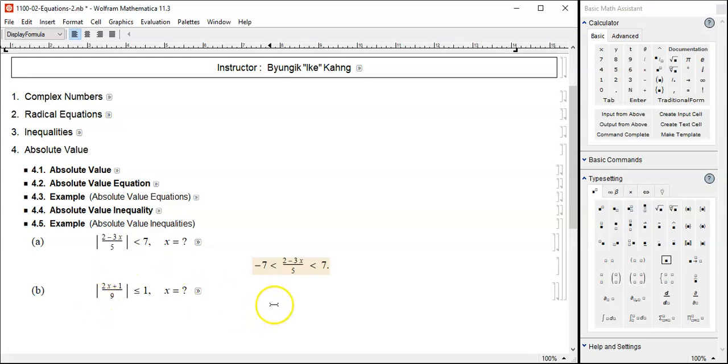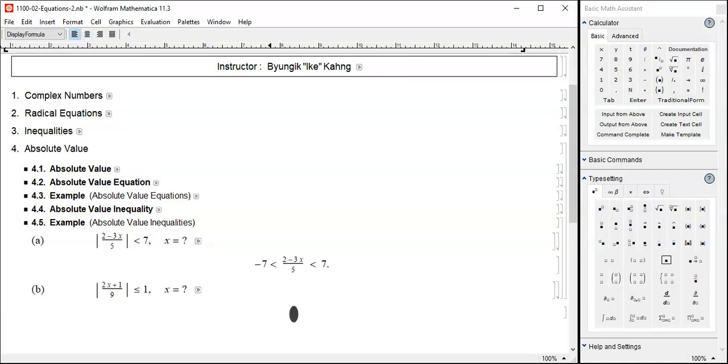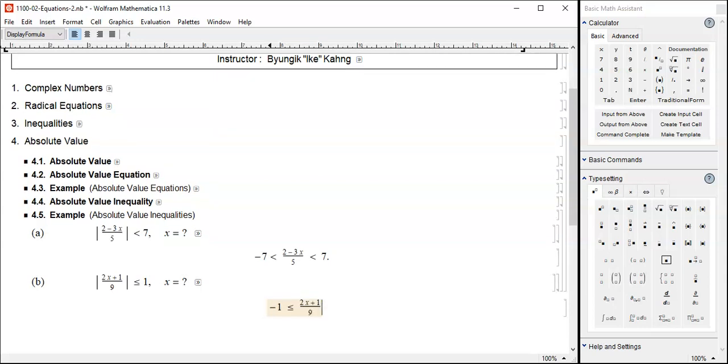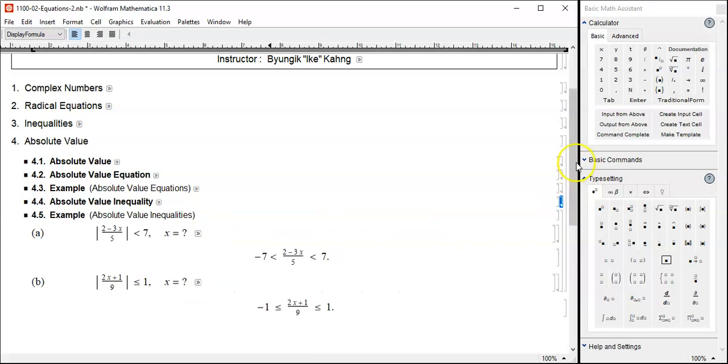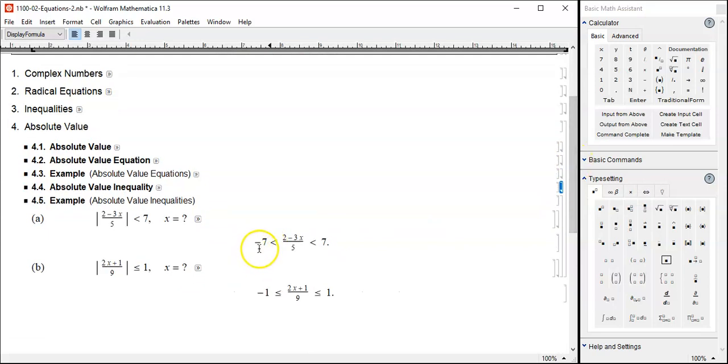How about the next problem? -1 greater than or equal to, less than or equal to, 2x plus 1 over 9. You're going to get that. You see, they both fall into this category. So the inside of the absolute value is between negative and positive of the right hand side.